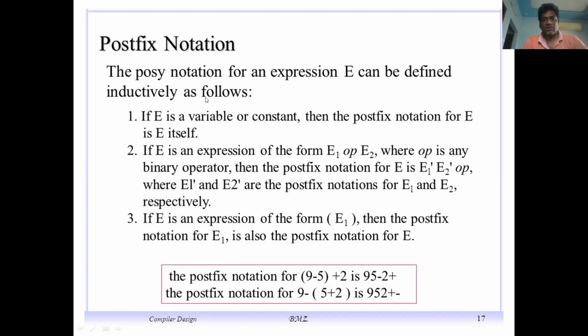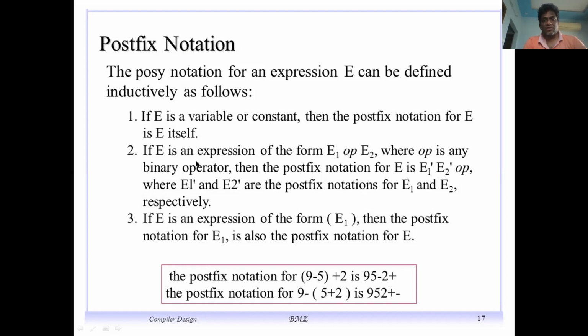The definition can be given recursively like this. Assume that E is an expression. If E is a variable or a constant, then its postfix notation is going to be the same. There is no change.